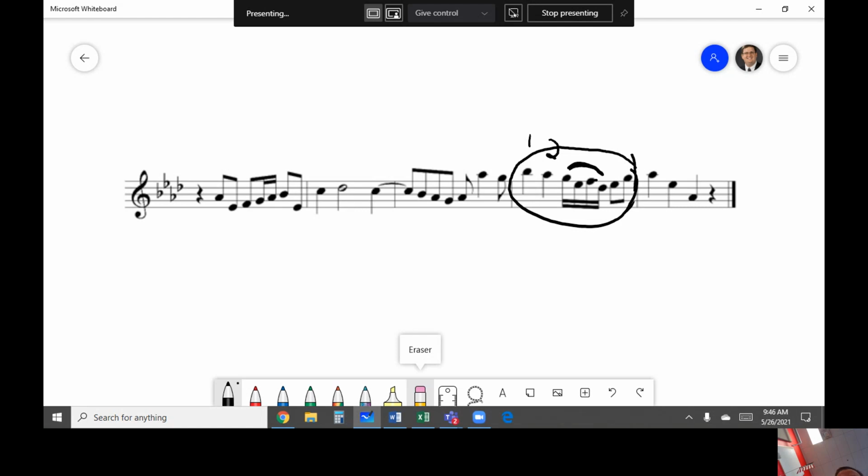I have 4 16ths, but those all fit into 1 quarter note, right? I have 2 eighths, but those fit in 1 quarter note. So right now I see 1, 2, 3, 4 quarter notes. 4, 4. In this last measure, that would be my slowest duration, 3 straight quarter notes. I see 1, 2, 3, 4 quarter notes, 4, 4.